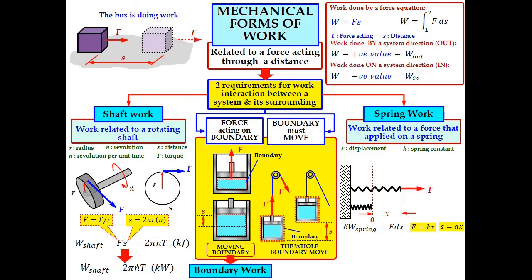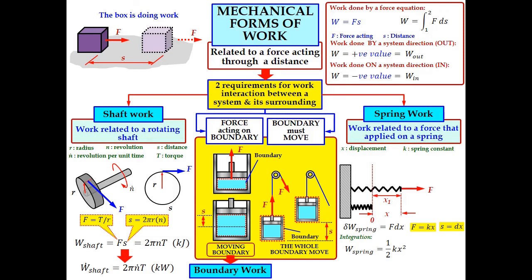In this equation, the distance is represented by dx. Now we integrate the equation delta W spring equal to F dx. So we get the spring work, W spring, equal to half multiplied by K multiplied by x squared.